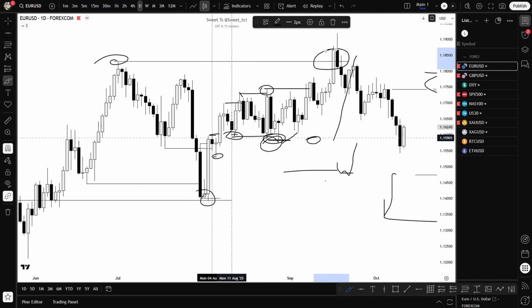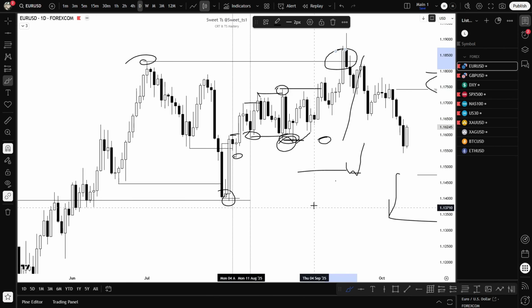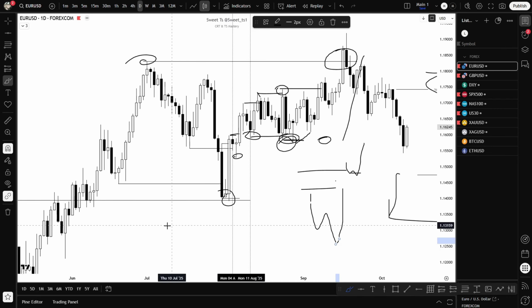So if you're applying the same concept, dump below a weekly low, expecting the high, right? So if we are bullish, this is a weekly low. Then if you are going to this high, then the SMT tells you when you should stop, right?